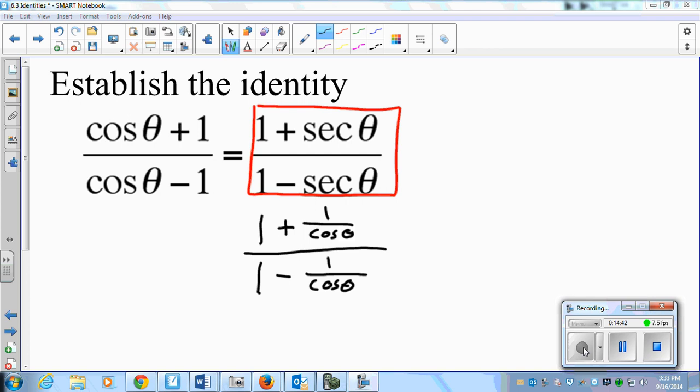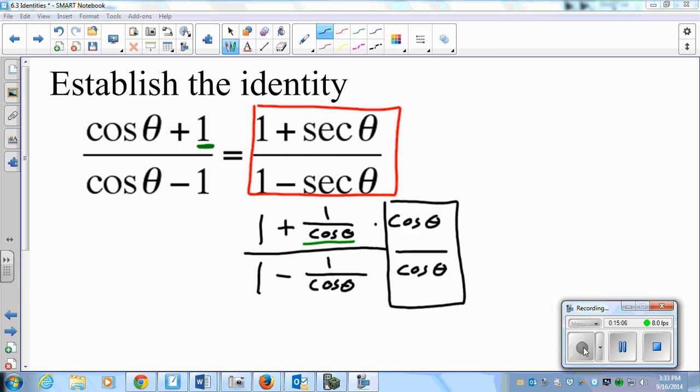All right, so now what I want to do is, I recognize that this term over here is 1. So what can I do to this to make this 1? Well, I can multiply it by cosine of theta. I can only multiply something by a form of 1, so I multiply it by cosine of theta over cosine of theta. So I remember I distribute.